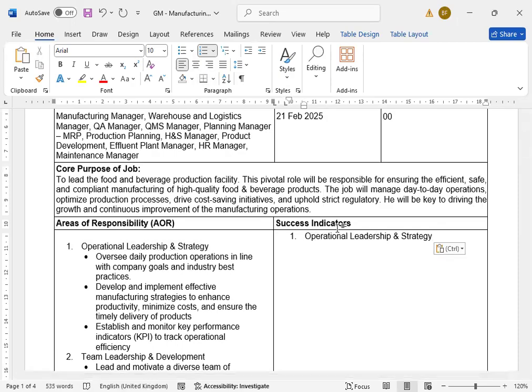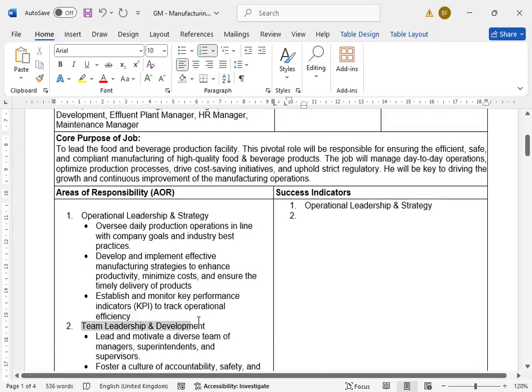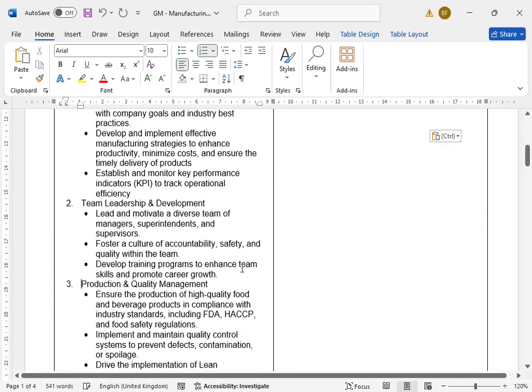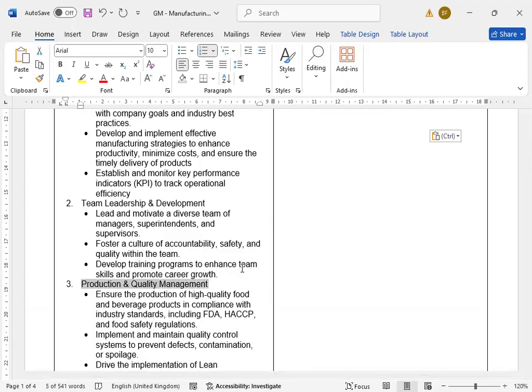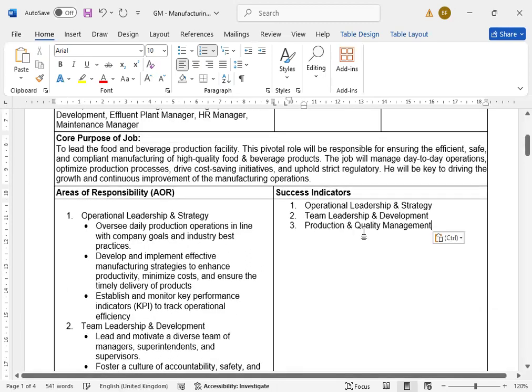I'm going to copy this, then paste it there. Number three, copy it so that we know what the success indicator is for each key responsibility. Copy production, paste.